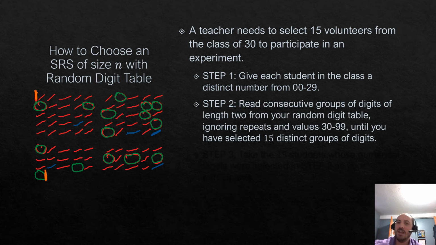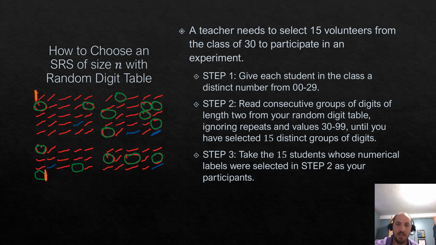Then you're going to read consecutive groups of digits of length 2 from your table, ignoring repeats and values from 30 to 99, because we didn't assign anything to those. And then you'll do this until you've selected 15 distinct groups of digits. So this is our stopping rule. Do this until you have your 15. Finally, the 15 students whose numerical labels were selected in step 2, that is your sample.